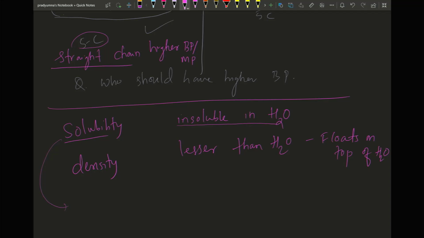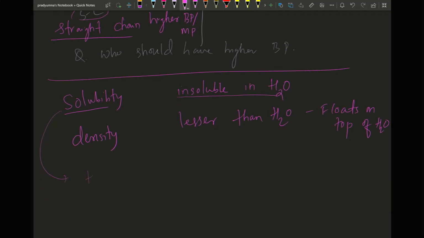So I'm going to rewrite here. Water is a polar solvent. All the alkanes are non-polar, which means these don't match.